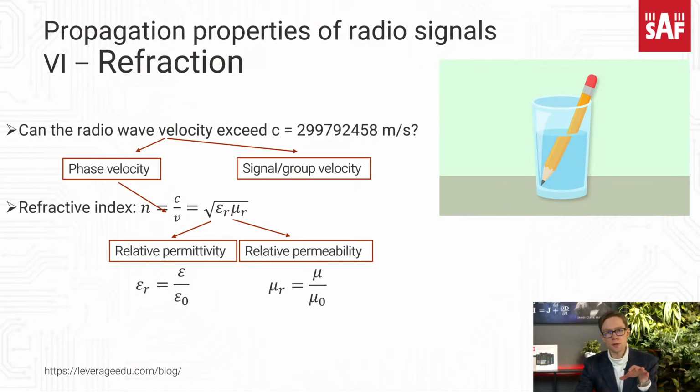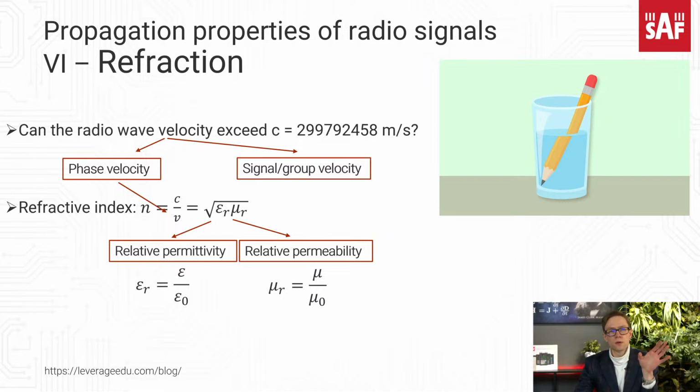All right, so what we learned is that the refractive index of any material depends on two parameters: relative permittivity and relative permeability, or dielectric constant and magnetic constant. In turn, each of these constants depends on the material itself, relative to the same parameter of the vacuum.